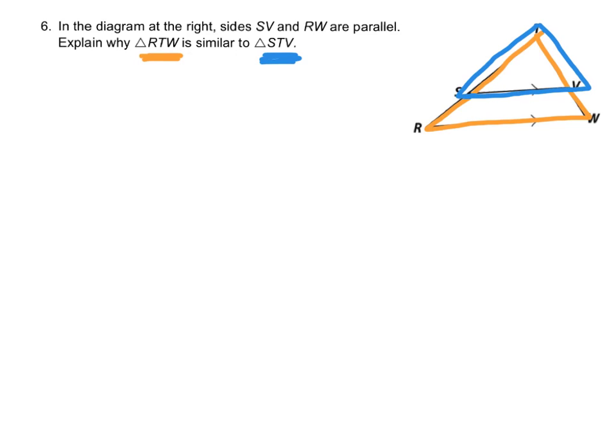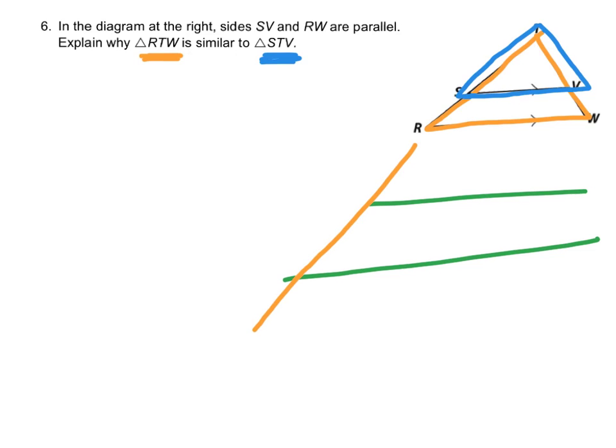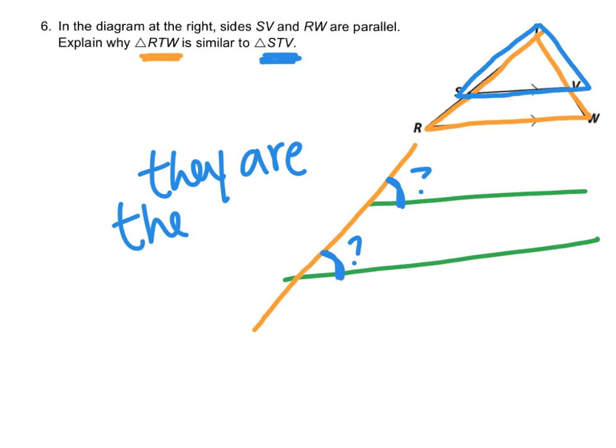Even though we don't have any angle measurements, we don't have any side measurements, we already talked about when you have two parallel lines and they're cut by a transversal, what would you know about these two angles? They'll be the same size. And why are they the same? Because if you cut it in half and move it down, they fit on top of each other. They are congruent.